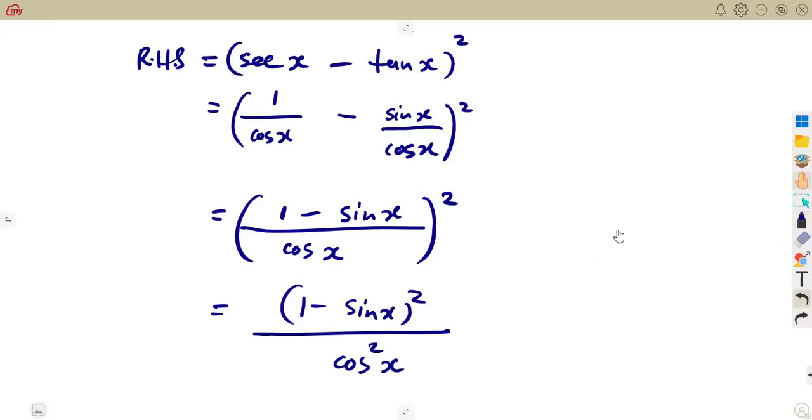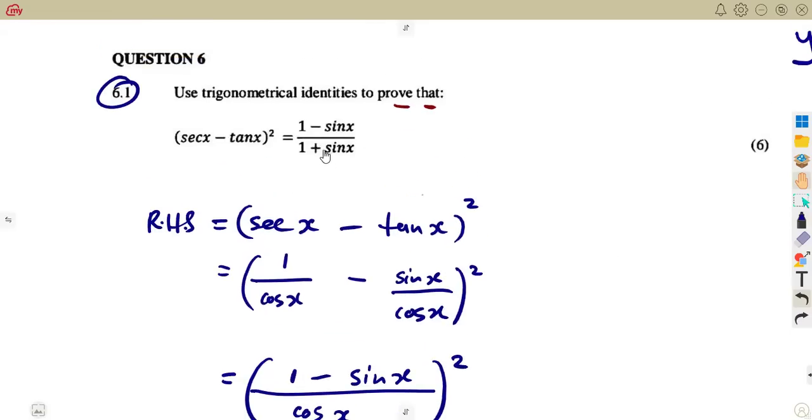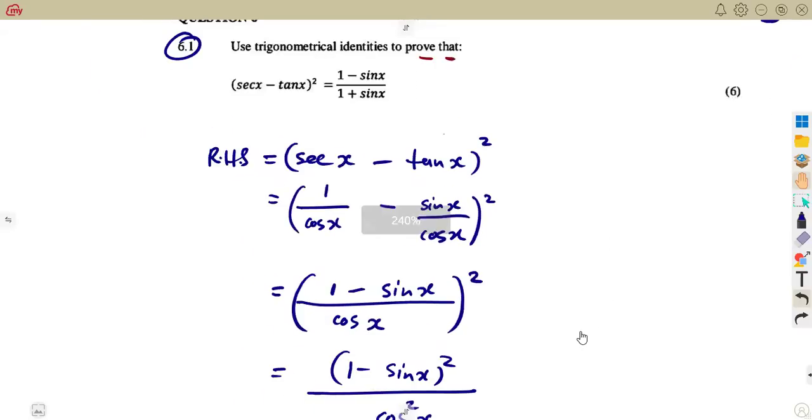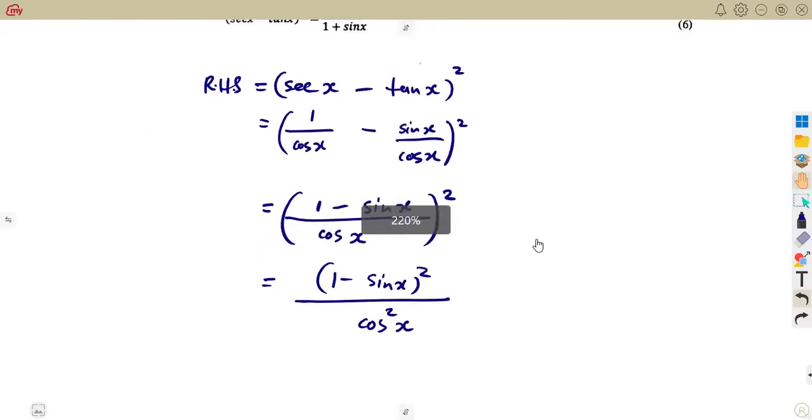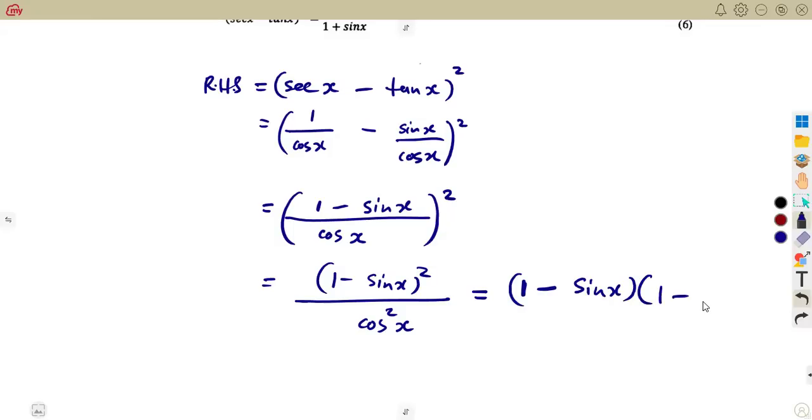All right, let's check what we have on our answer. It's all about sine on our answer. So at least there's something about a sine. So let's not expand it, because already we have got a sine. So it's the same as we've got 1 minus the sine of x into 1 minus the sine of x over cos squared.